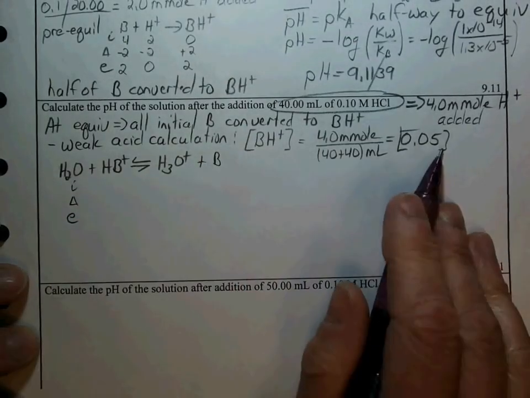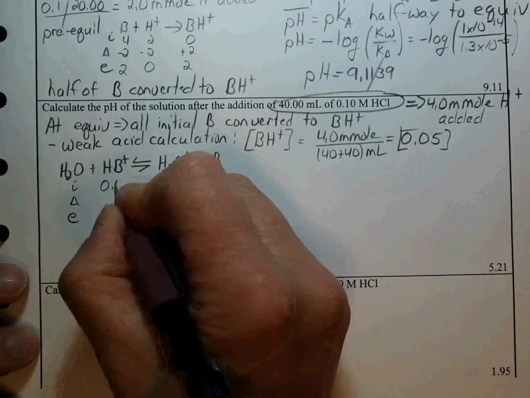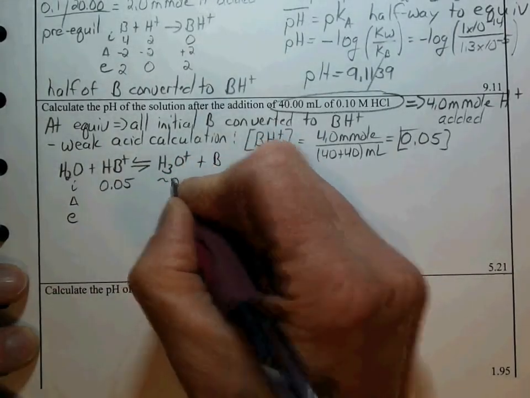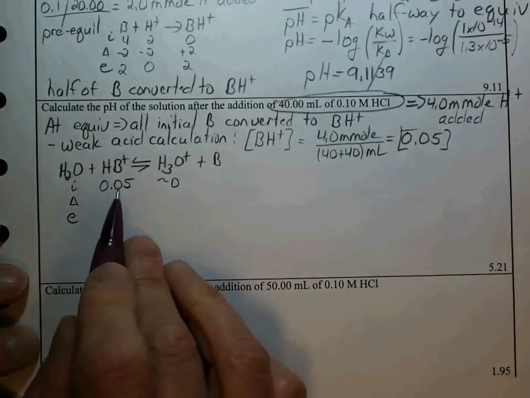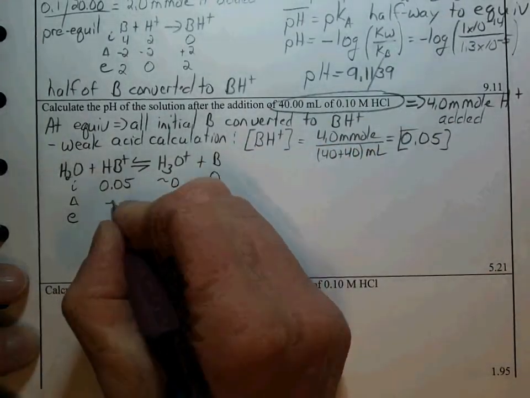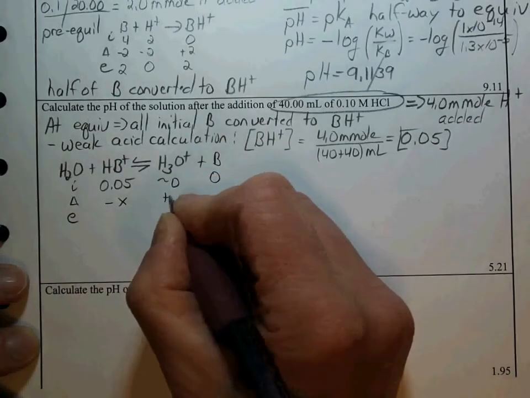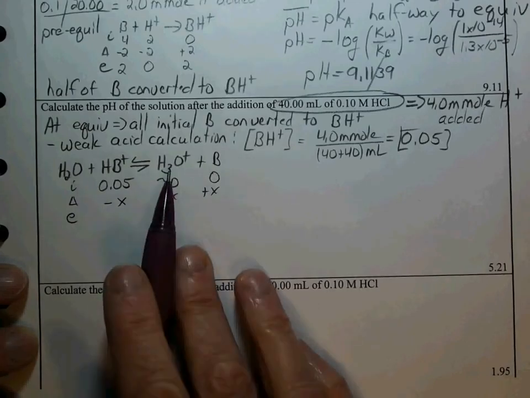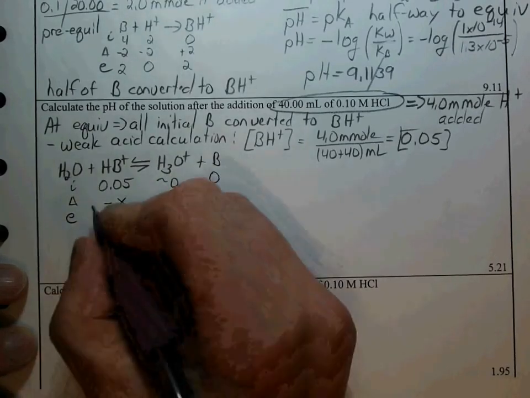Our initial concentration was just calculated. We assume we don't have any of this before this reacts with water or our base. After it reacts, we gain X and X in both of our H3O plus and our base.